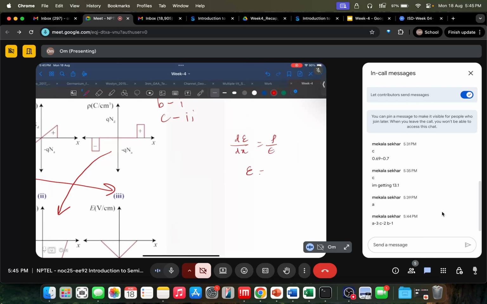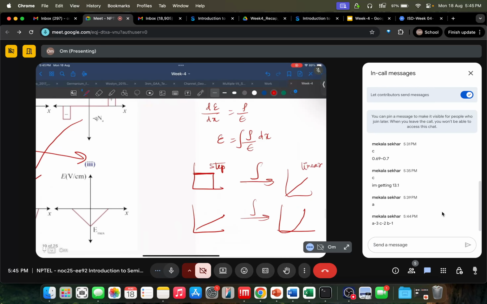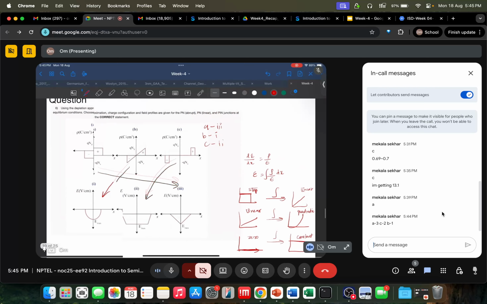That means E is the integration of rho, and on integration, a step changes to linear, a linear on integration changes to quadratic, and 0 on integration changes to constant. So if you know this, then you can solve this question.